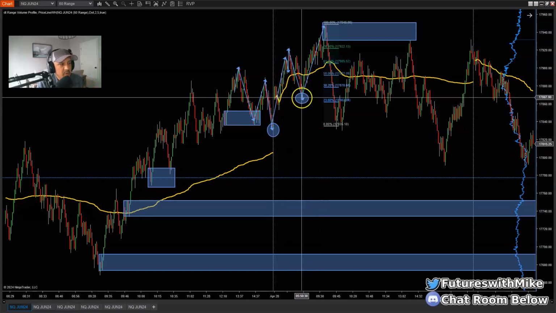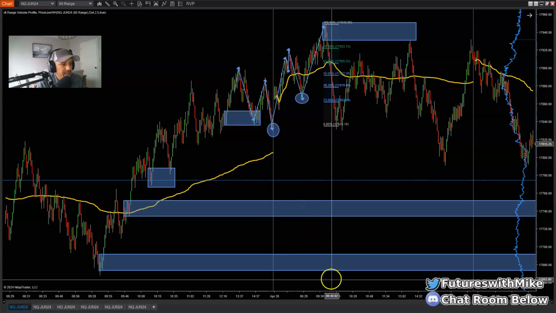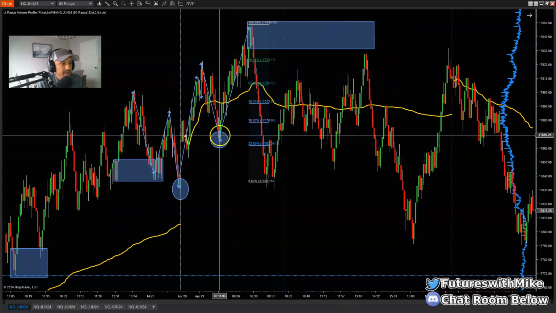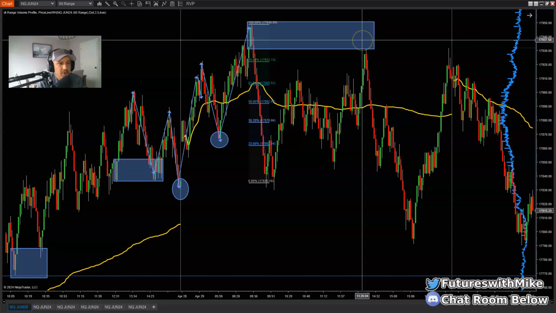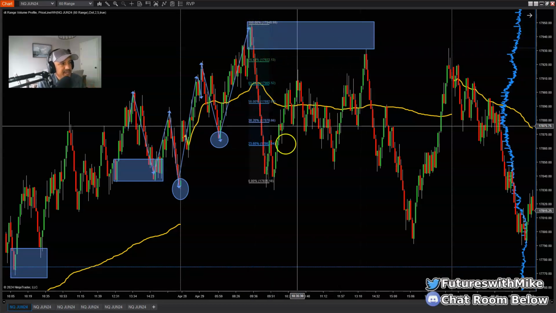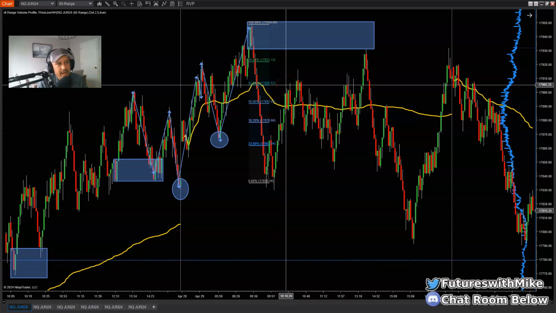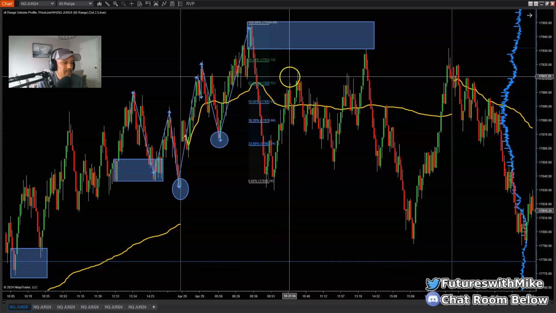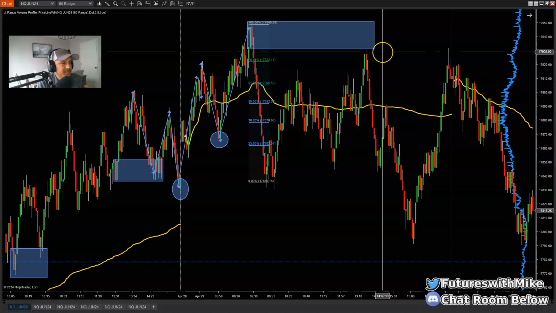But the first major area of structure that it broke to the downside was right here. When it did that, you can look for an opportunity from a selling standpoint. This is aggressive selling. Wait for the market to get back to a premium area where you can look to go short. And that's why I like to use the volume profile.